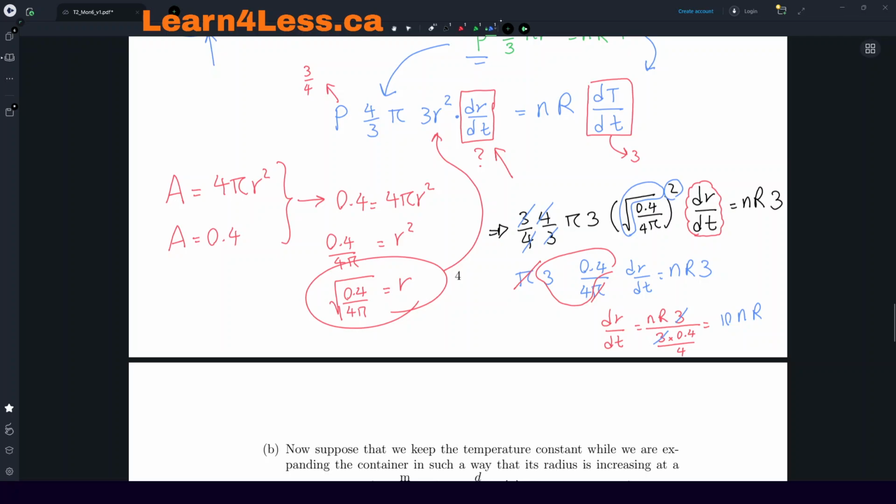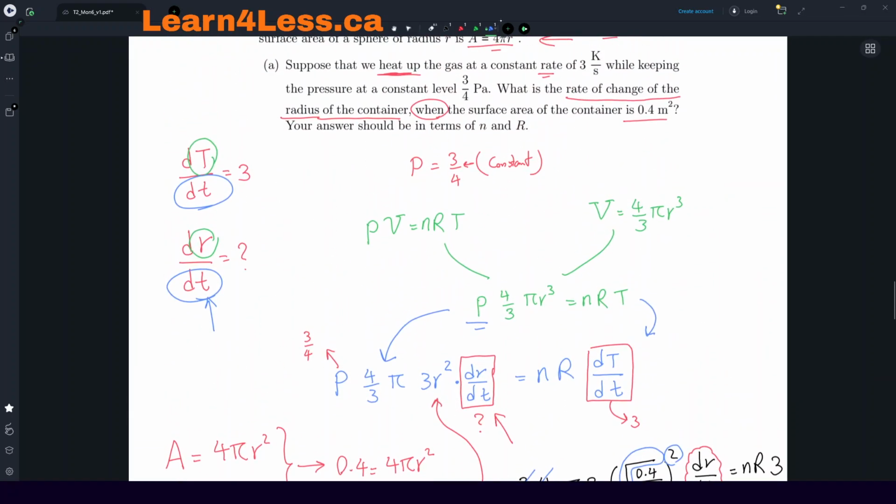So this would be the rate of change of the radius with respect to time when the surface area was 0.4 square meters, or when the radius was this much.